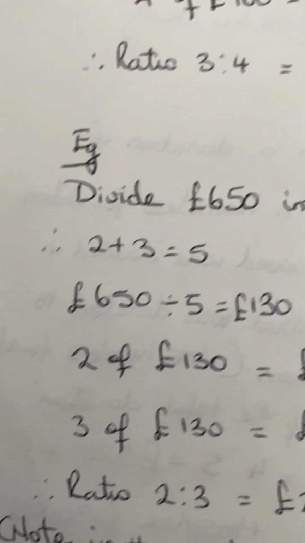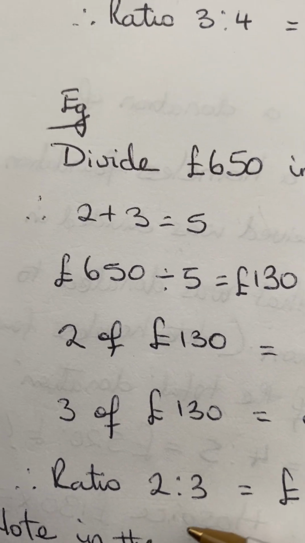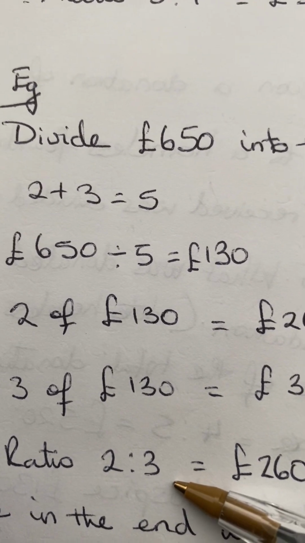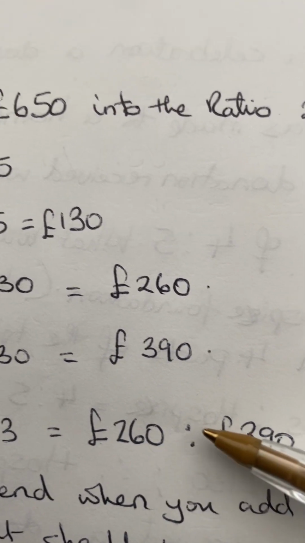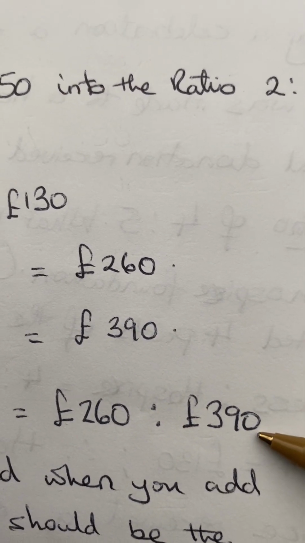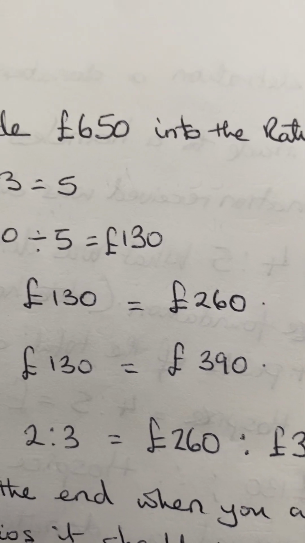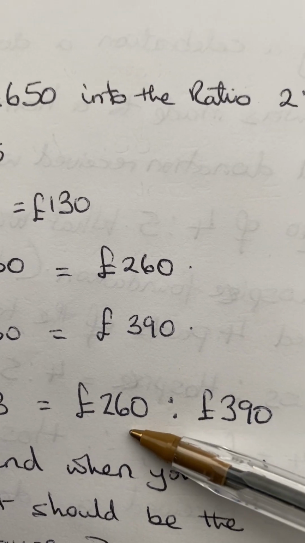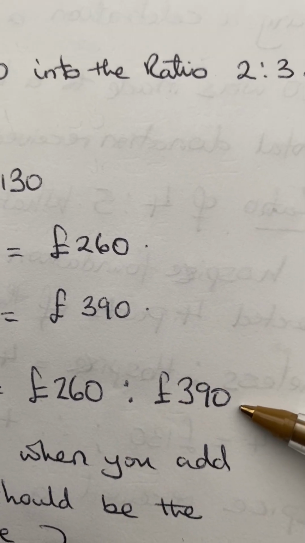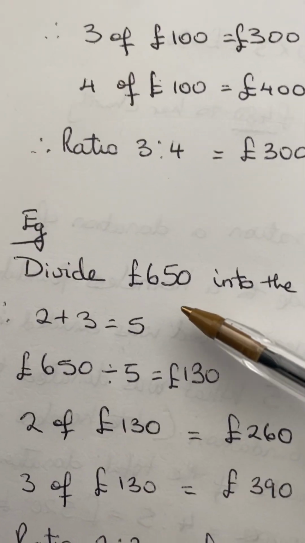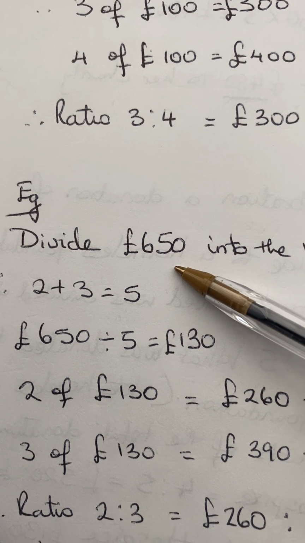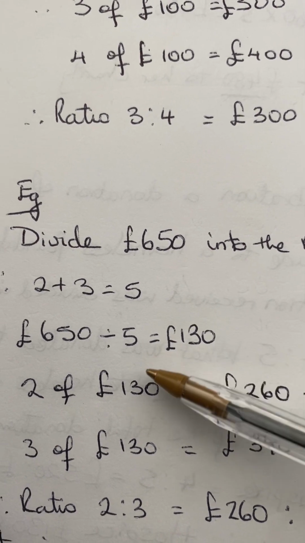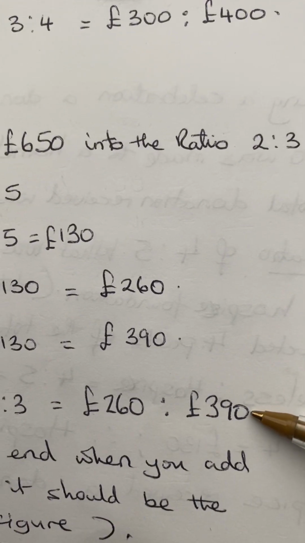Okay, so now ratio 2:3 will be 260 is to 390. Note, if you add 260 to 390, you should get 650. Otherwise, you didn't calculate it right.